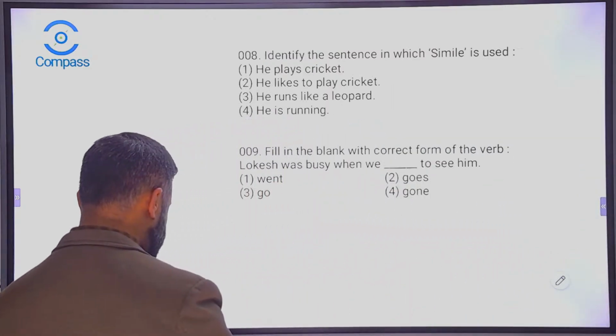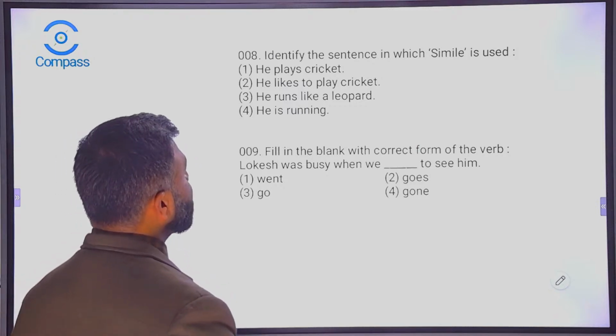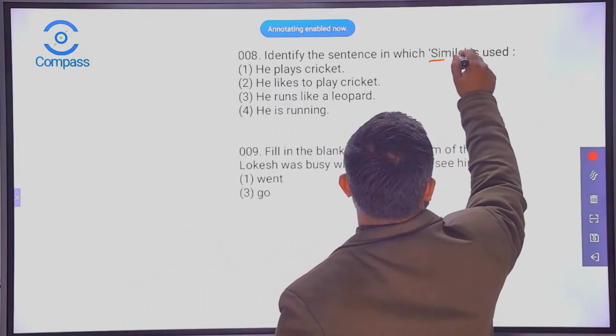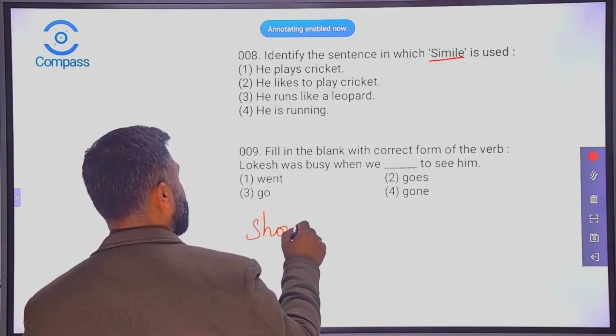Let's begin with question number 8 here. Identify the sentence in which simile is used. What is a simile? It shows comparison.